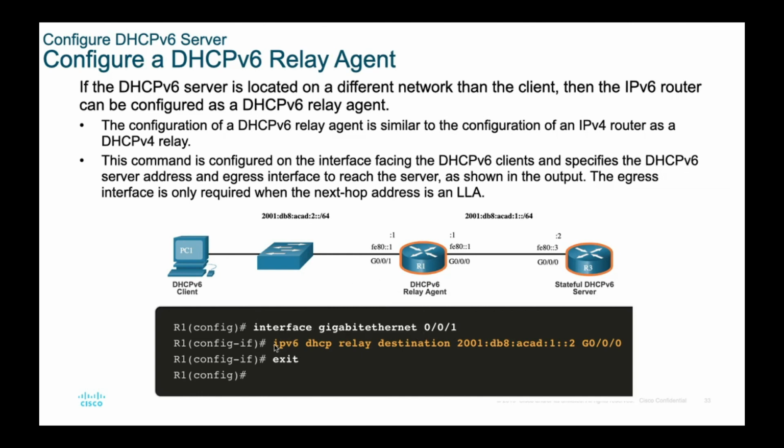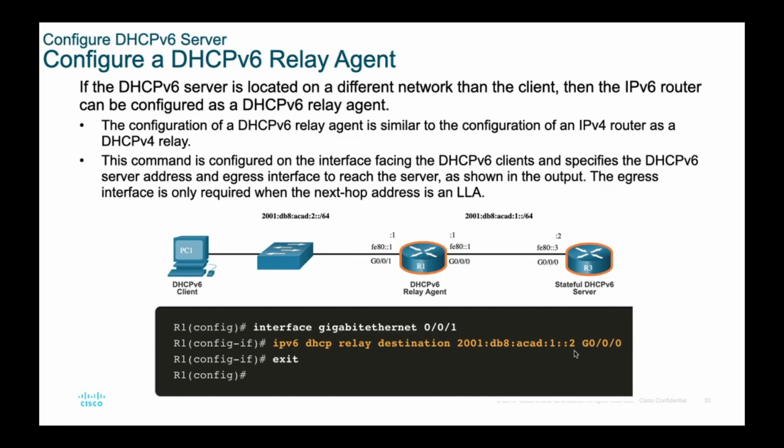You need to use the command IPv6 DHCP relay destination. And what is the IP address of the server? From the point of view of R1, R2 may have multiple IP addresses, but the IP address that is relevant to R1 is the IP address of G0/0/0.